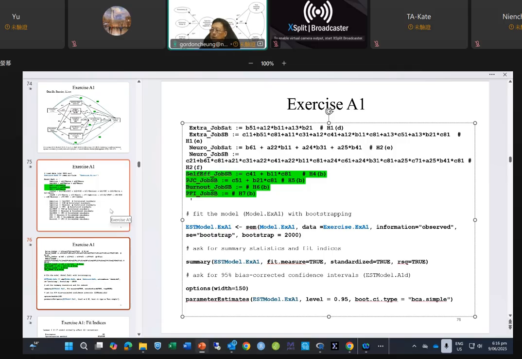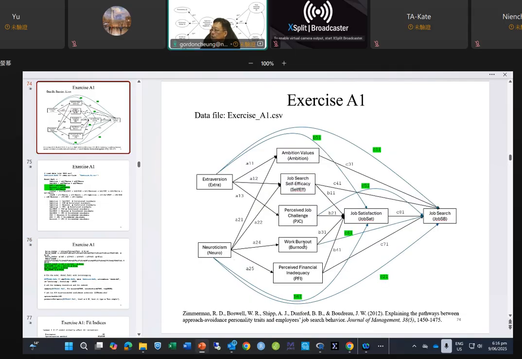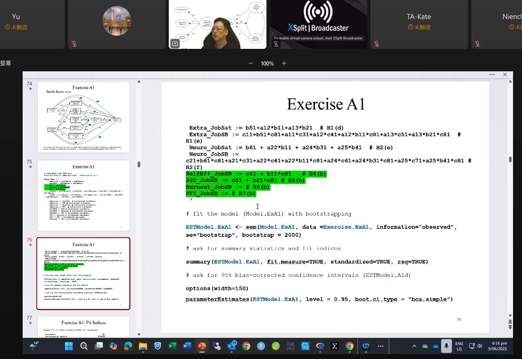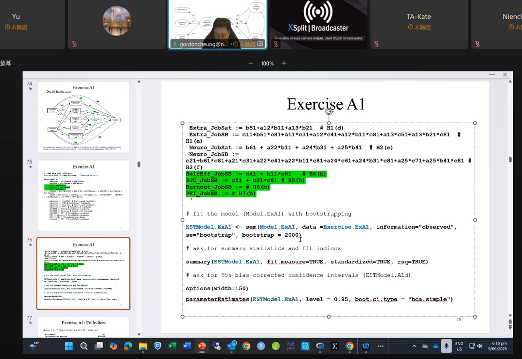Burnout to job search behavior. It has C61 as the direct effect, and then BV1 times CH1. So I put down C61 plus BV1 times CH1.